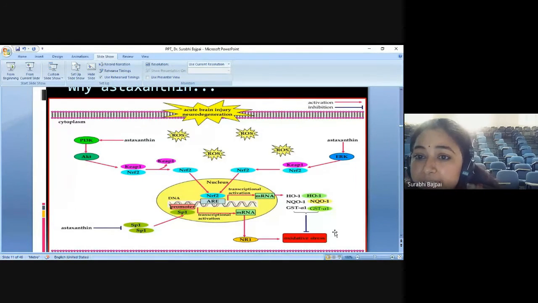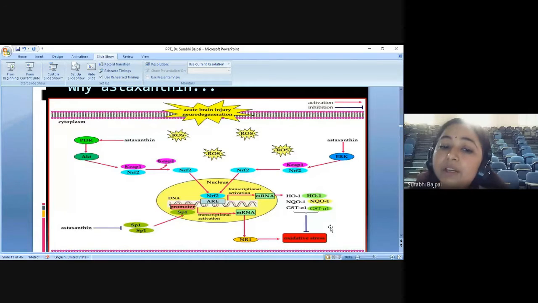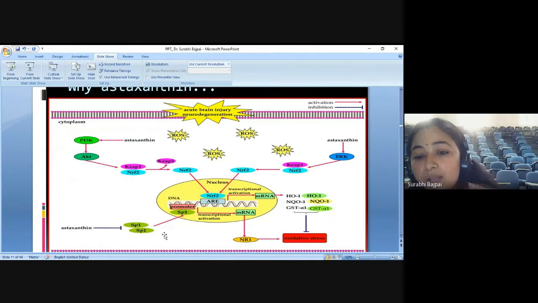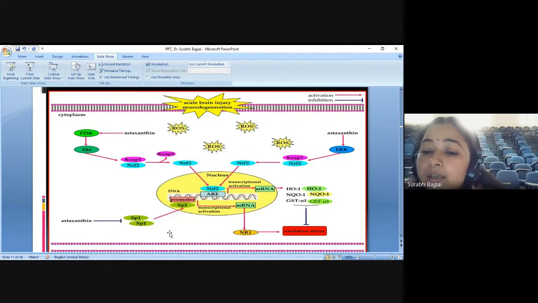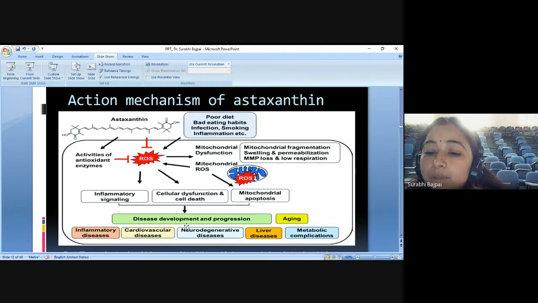Particularly, this has been seen in the case of other neurodegenerative disorders. So that is why we have chosen astaxanthin. Not only this, but it also inhibits SP1, which works as a promoter for the harmful proteins that can cause diabetic neuropathy.